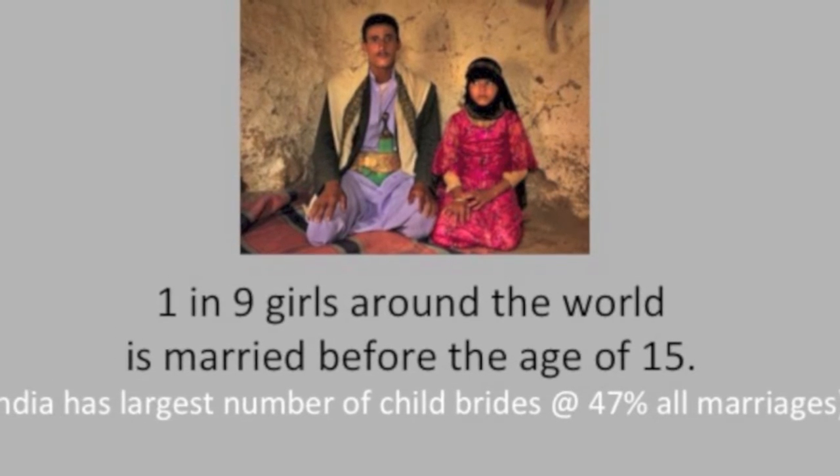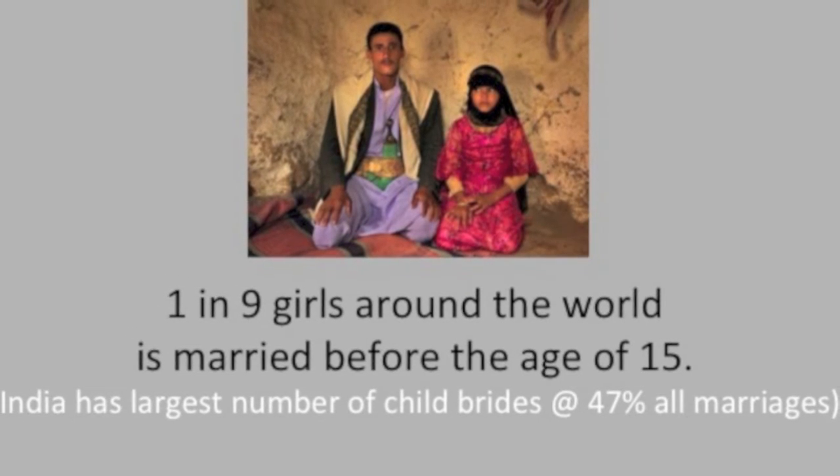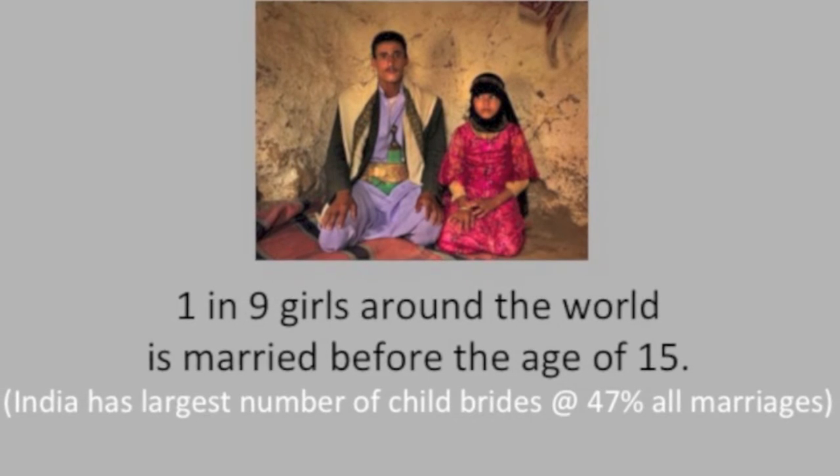One in 9 girls around the world is married before the age of 15. And India does have the largest number of child brides at 47%, primarily because they have such a large population. This photo, though, is from Yemen. There are many beliefs and cultural practices that go into this problem of child brides, and it's a huge, huge issue.